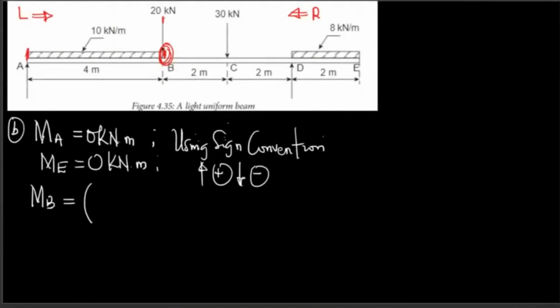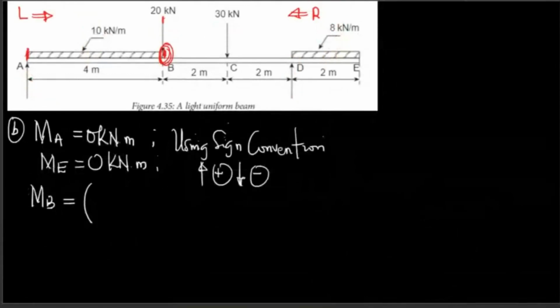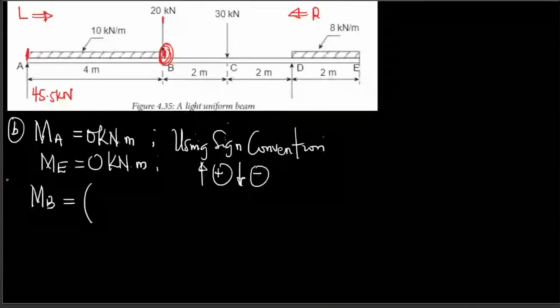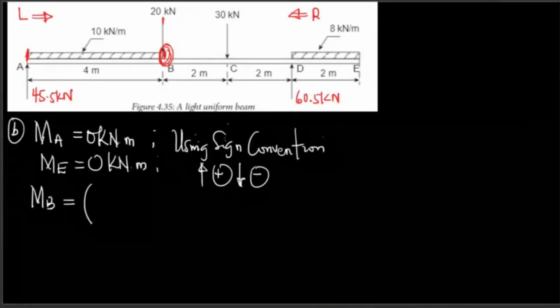So now I have calculated my RA, 45.5. Let me indicate that here. This is 45.5 kilonewtons. And my RD is 60.5 kilonewtons.